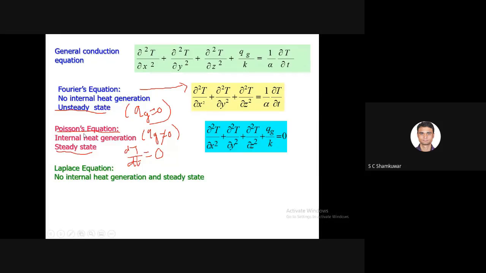In Poisson's equation, there will be internal heat generation. Qg cannot be 0, but steady state means change in any property with respect to time will be 0. Therefore, del T by del t will be 0. This is Poisson's equation.